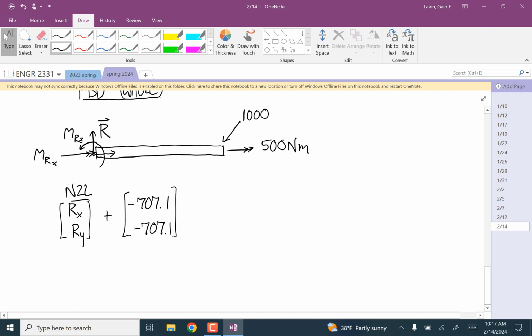The couples don't produce any force because the nature of couples is they cancel each other out as the forces cancel each other out, remember? And so this is all we need for Newton's second law. And so that reaction load is positive 707.1, positive 707.1.